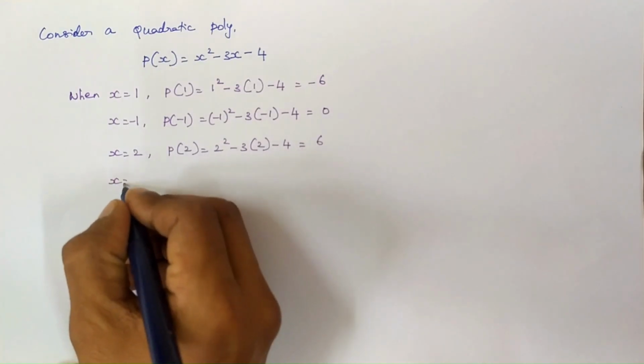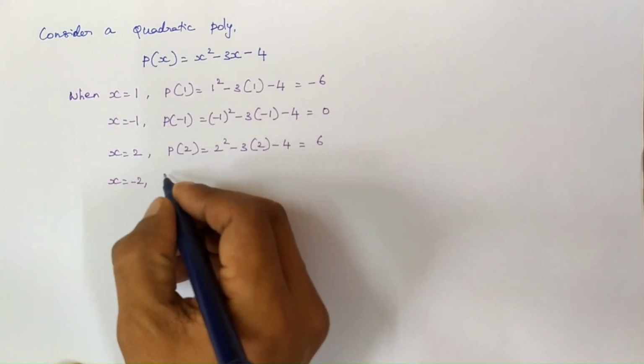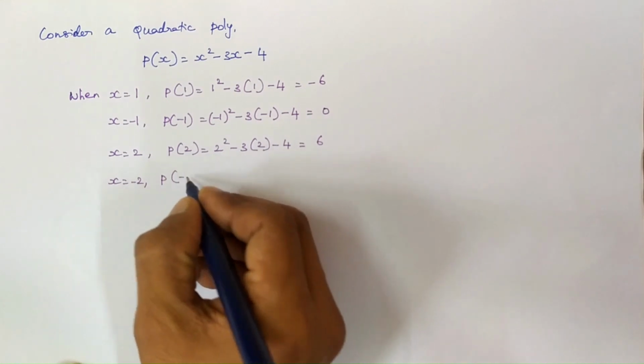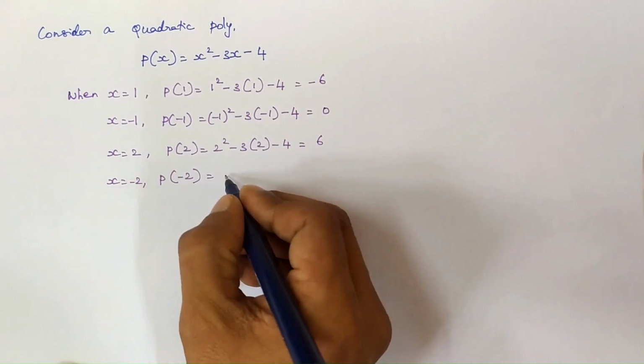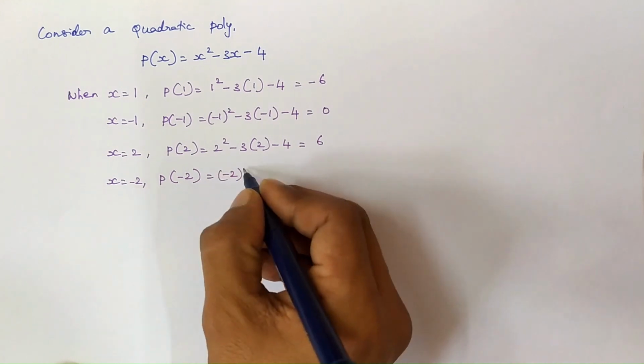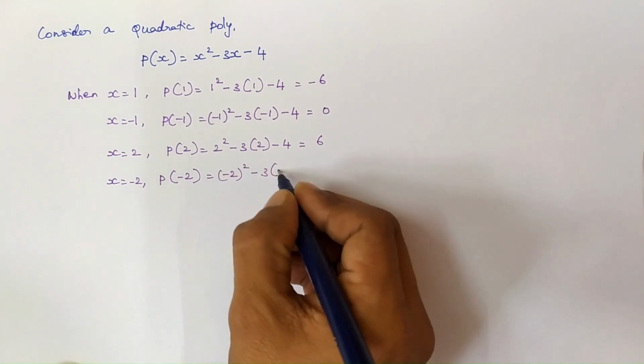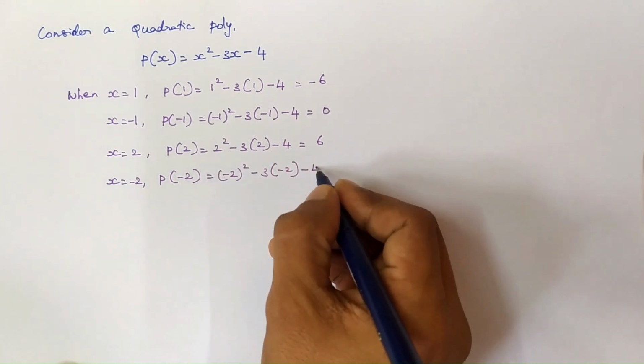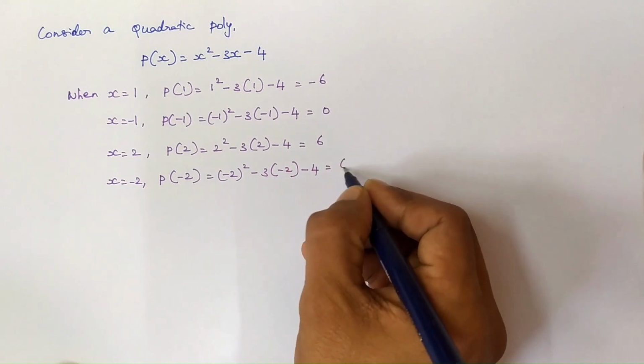When x is equal to minus 2, p of minus 2 is equal to minus 2 the whole square minus 3 into minus 2 minus 4, which is equal to 6.